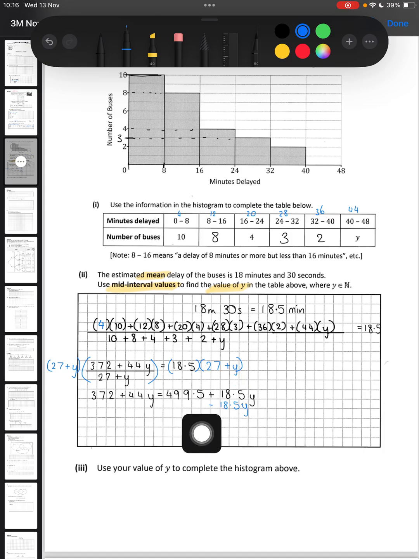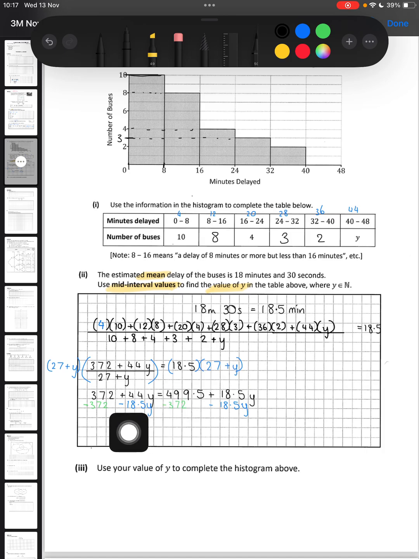What do I subtract that from on the left? I'm subtracting it from the other y terms. I'm subtracting it from the full left-hand side, but I know that it's going to subtract from the like term, the y term. And then this 372, I need to get rid of on the left, so I'm going to minus 372 from its like term on the right as well.